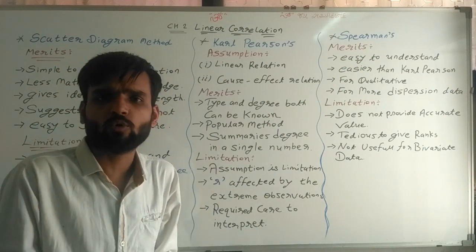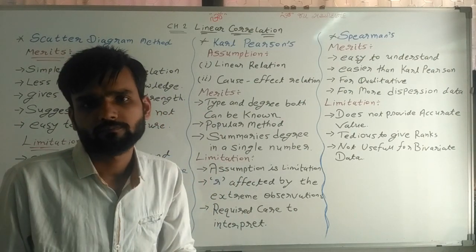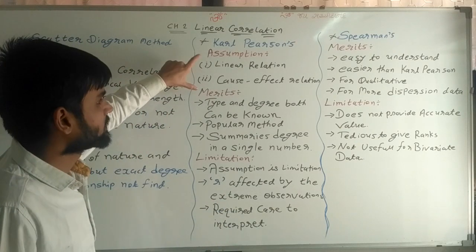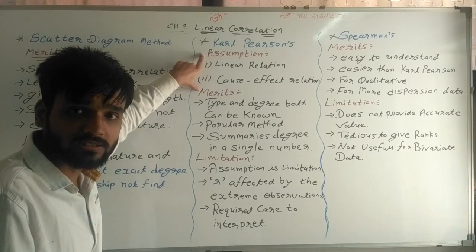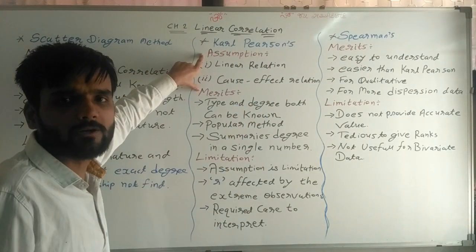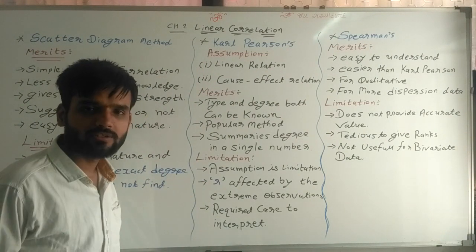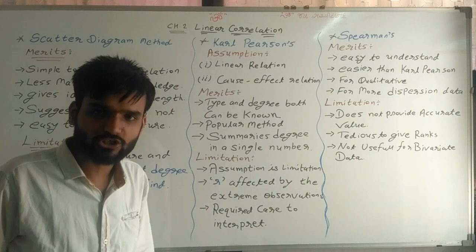We cannot assume proper perfect values on that basis. If these two conditions are not satisfied and we are finding the answer, then on that answer basis, we cannot assume in future. So that is the limitation. So assumption is limitation. First limitation is that.